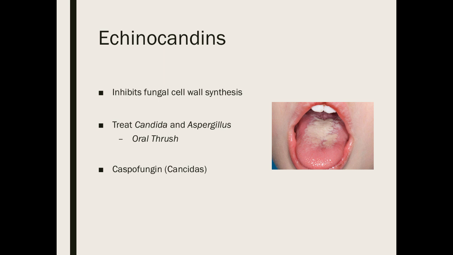This category of drug inhibits fungal wall synthesis. So again, we're still going after the fungal cell wall, but we are inhibiting the synthesis of that fungal cell wall, so it can't reproduce. And once that cell wall breaks down a little bit, it's not rebuilding itself, so your body can go after and destroy this fungus.